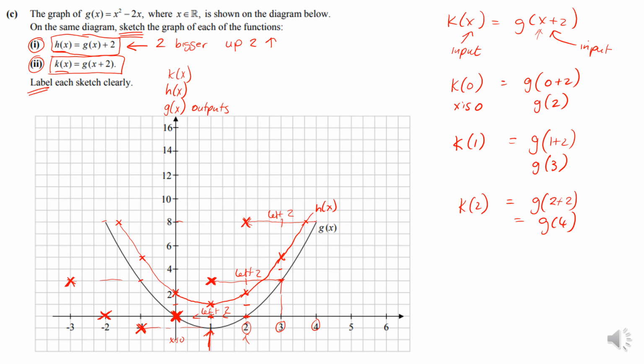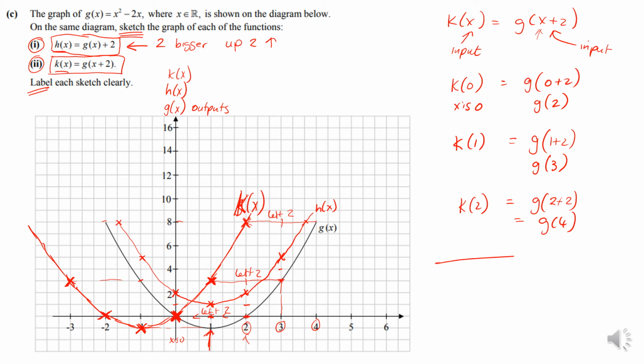And let's take this one here, goes left, that goes off the page. This one here, yeah, we have enough now. Okay, so let's sketch that. Now it's the identical shape as the first one, but left by 2. Okay, and let's label it k of x.